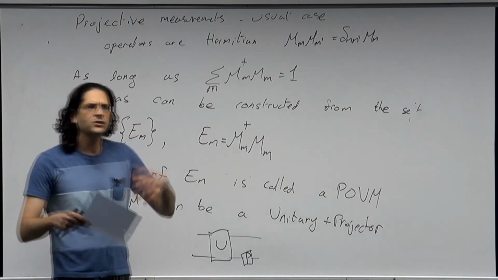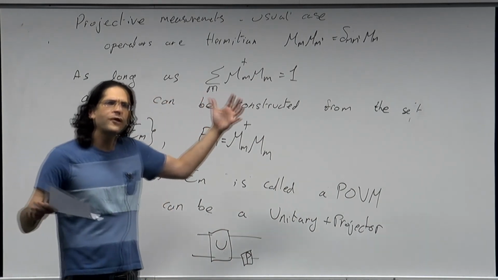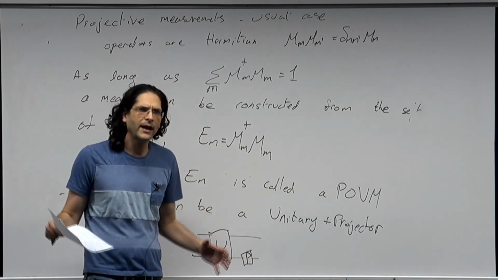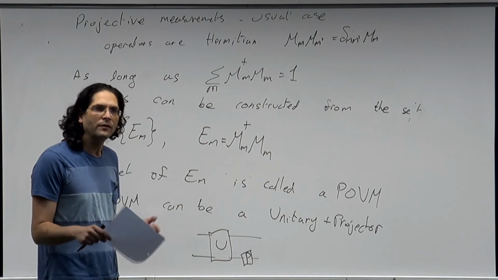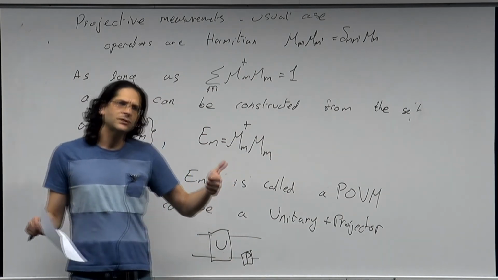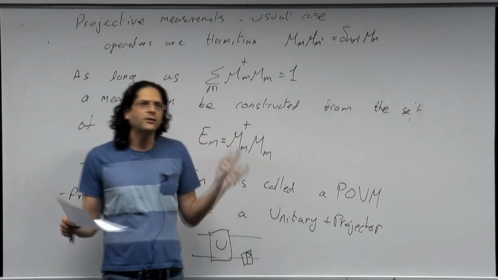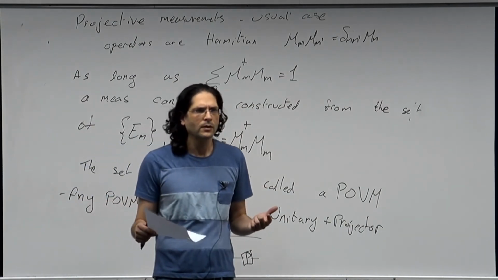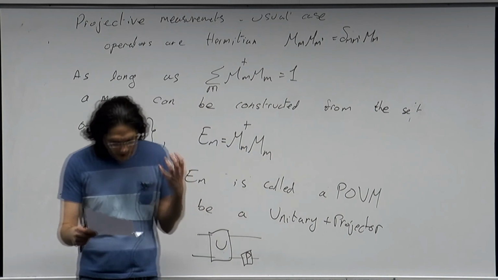I can describe everything with pure wave functions, unitaries, and projectors, and that's great. But a lot of the time, it is more convenient to use density matrices and to use POVMs, more generalized measurements.